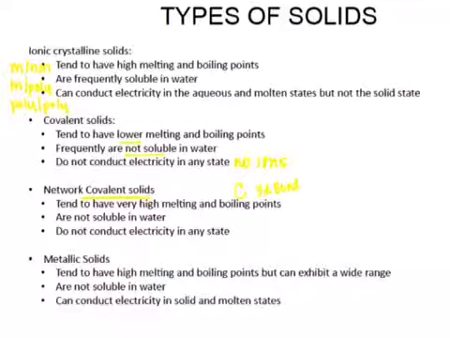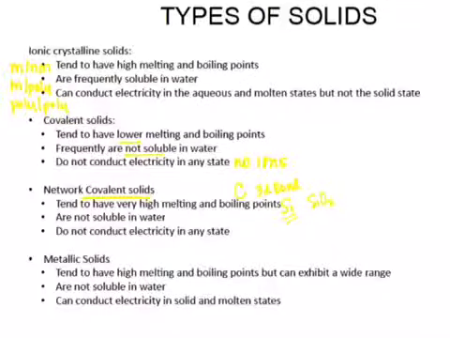So diamond, graphene, all those carbons strongly bonding to another carbon. And then anything with silicon in it, so silicon dioxide, is going to be a network covalent solid.